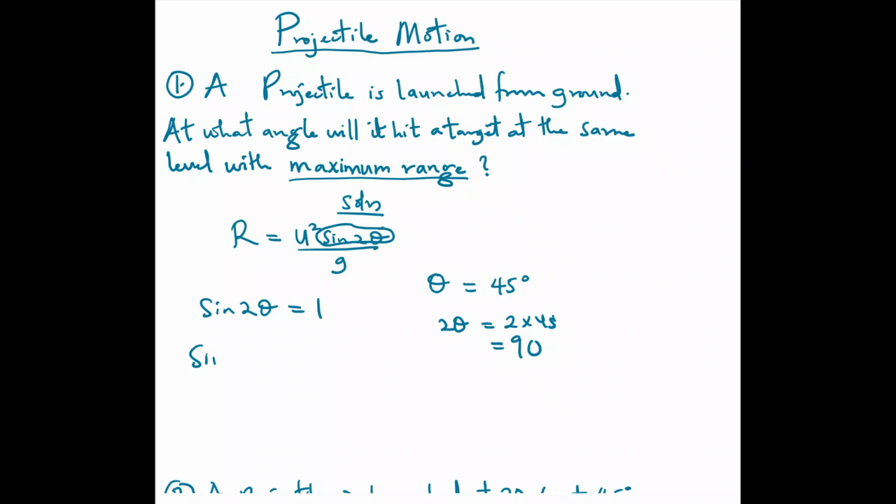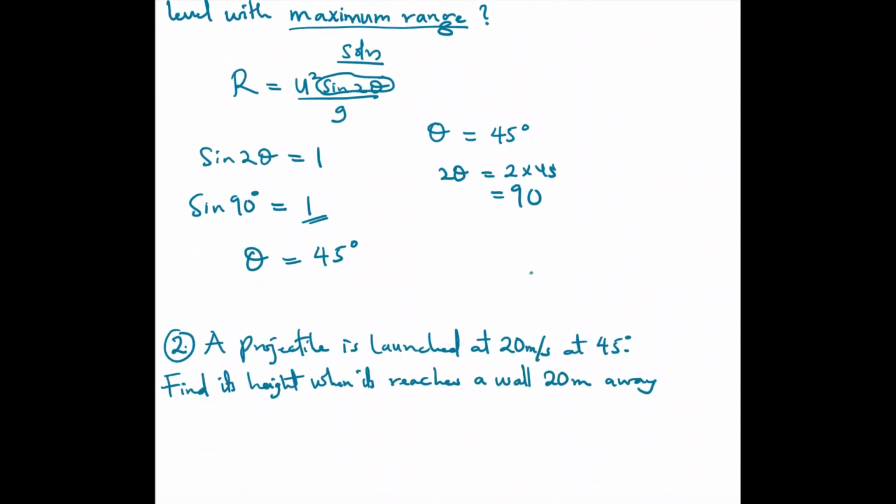So sine 90 is equal to 1, okay? So if sine 90 is equal to 1, and sine 90 is the same as 2 theta, then for us to get the angle where we have the maximum range, theta will be equal to 45 degrees. Okay, so that will be it for that question.